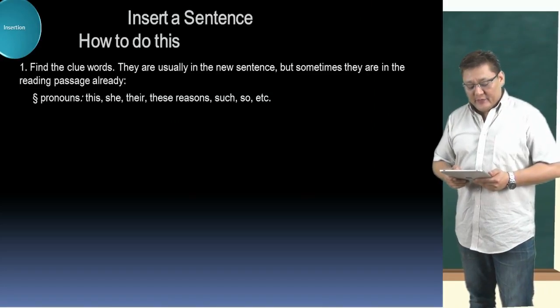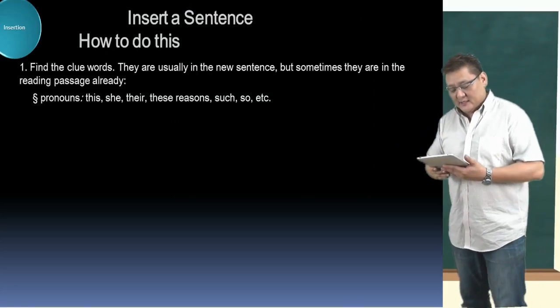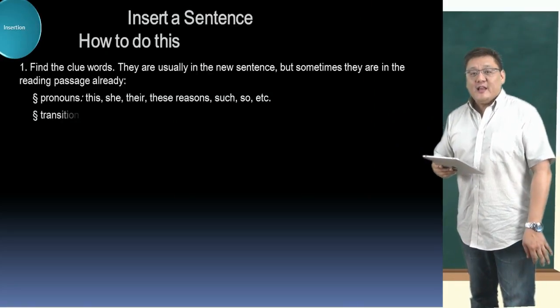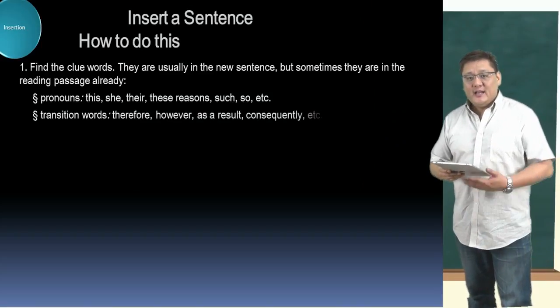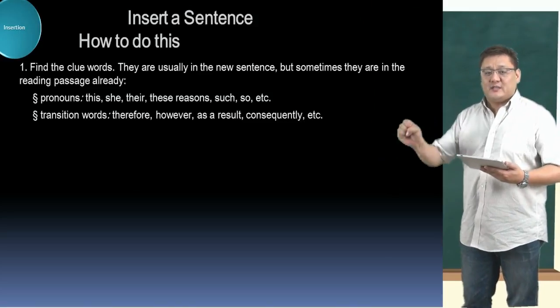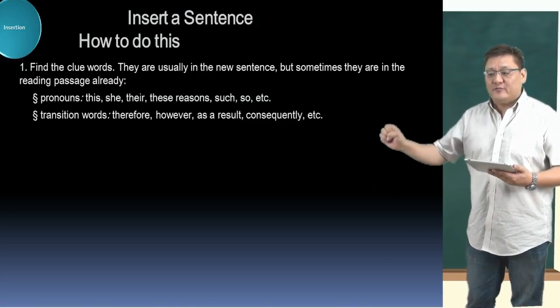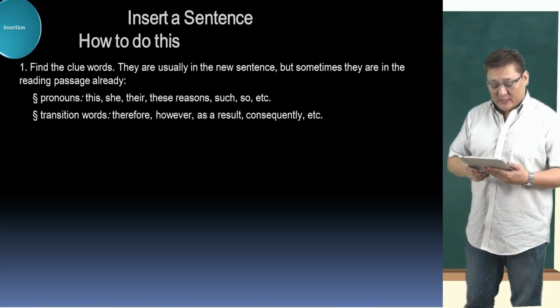The other key words you have to understand for this type of question are transition words, right? Therefore, however, as a result, consequently. Now, what these describe, for example, therefore, is a result of something that happened before. The sentence before has to give the cause of what the new sentence says.